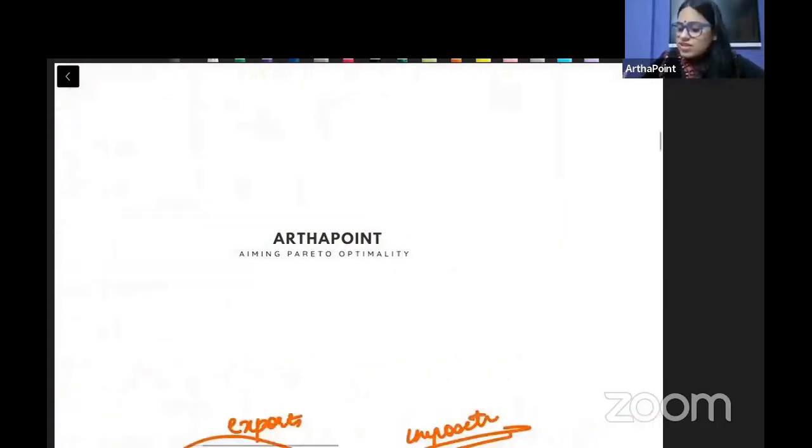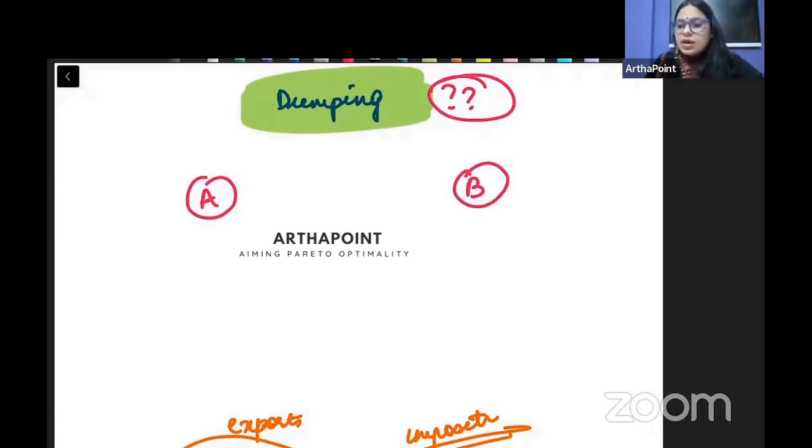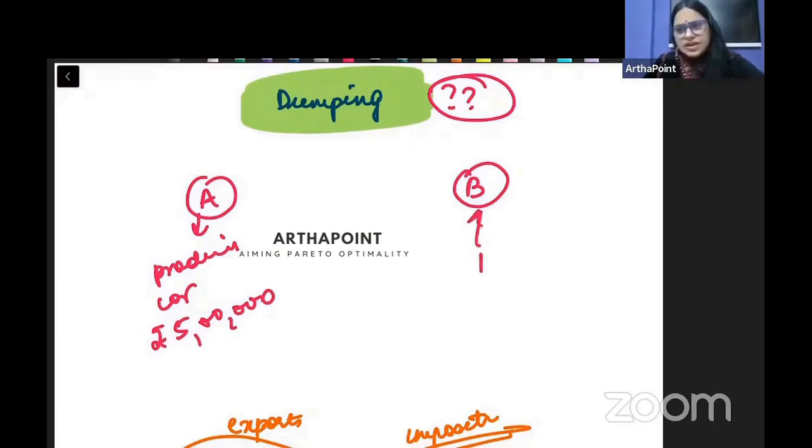Okay. Now let's understand what is dumping. What is dumping? Imagine this is country A. This is country B. Country A is producing a car at 5 lakhs. Country B has a technology with which it can produce a car at very cheap prices.